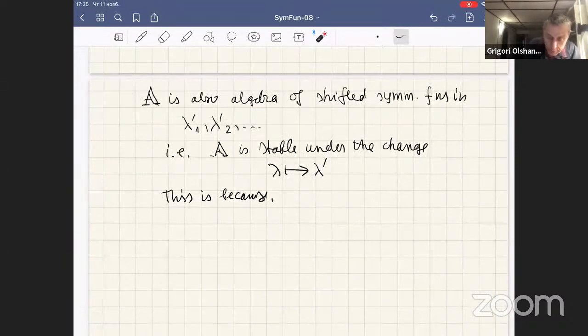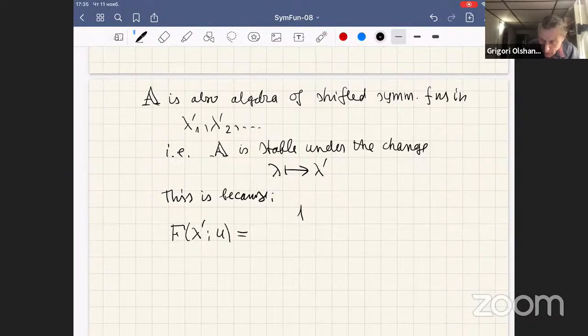We have that lambda transpose of u is equal to 1 over F lambda, only we change u to minus u.